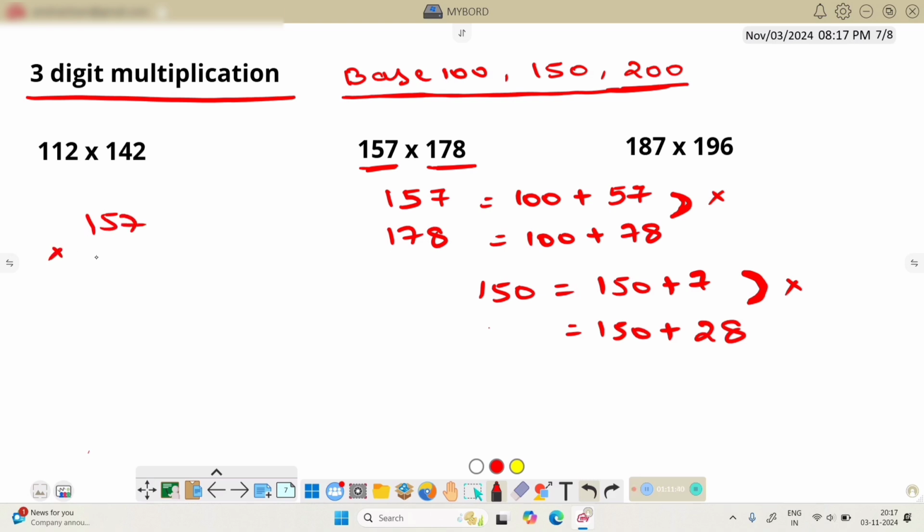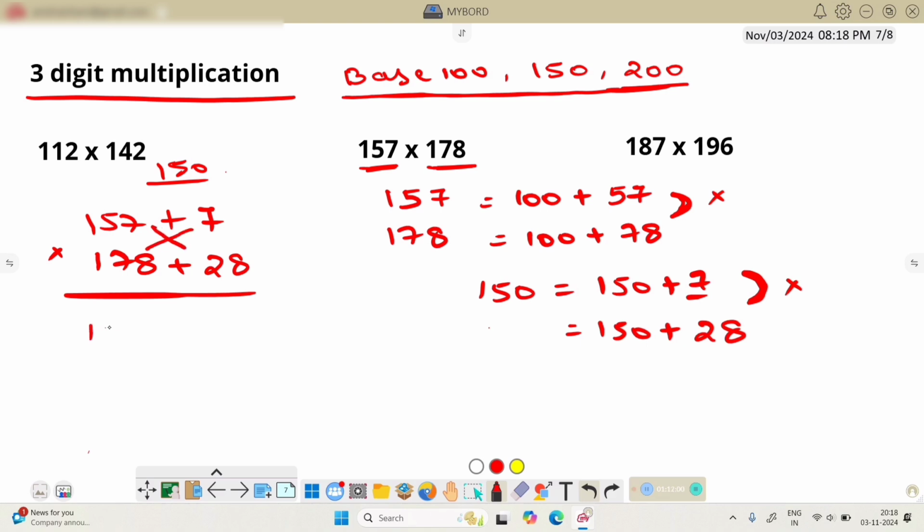157 into 178, here you are adding 7 here, plus 7, because the base is 150 here. Okay, so for 178 you are adding 28, and next what you should do, you should crossly add the numbers.